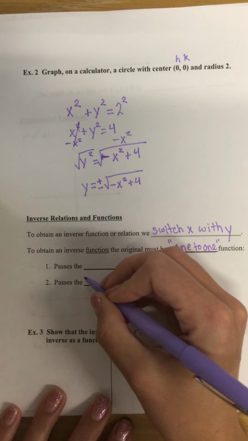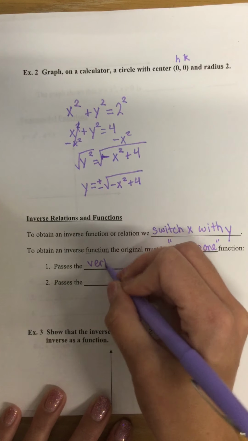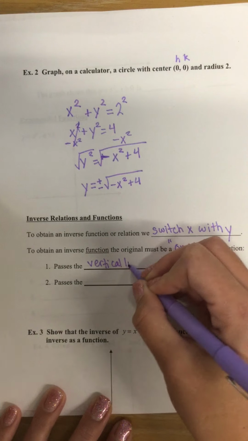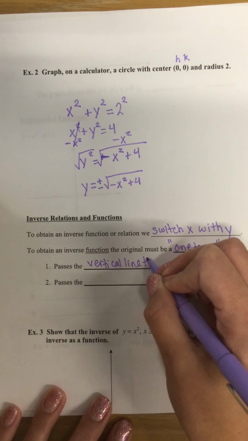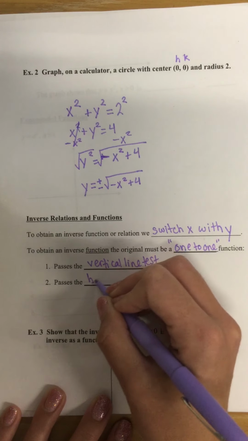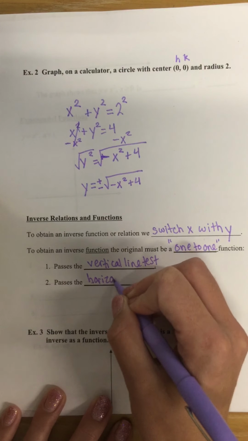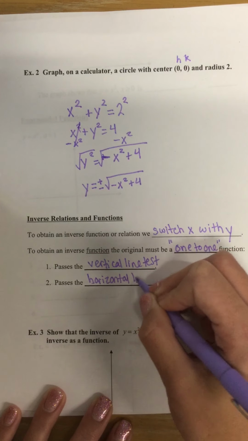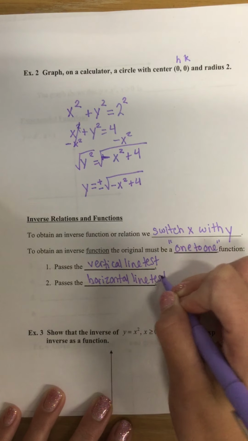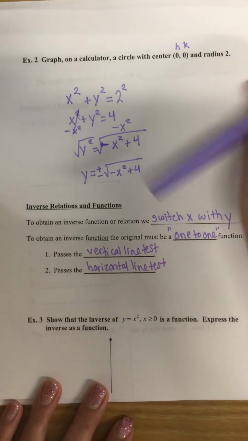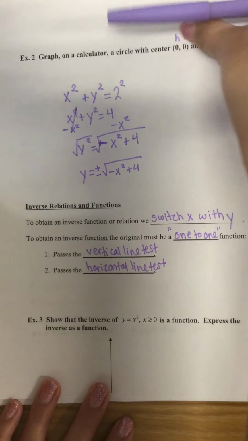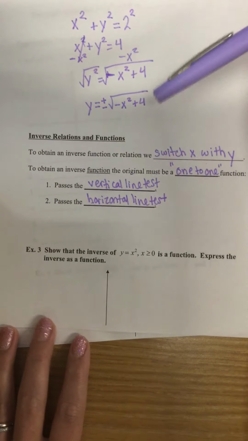It has to pass the vertical line test, so that just means that it is a function. But it also has to pass the horizontal line test. So every x has to have its own y, and every y has to have its own x. And we'll have a chance to do an example of this in a second.